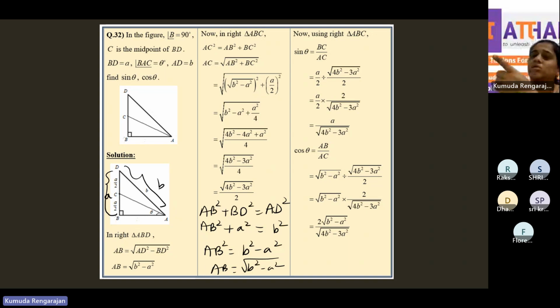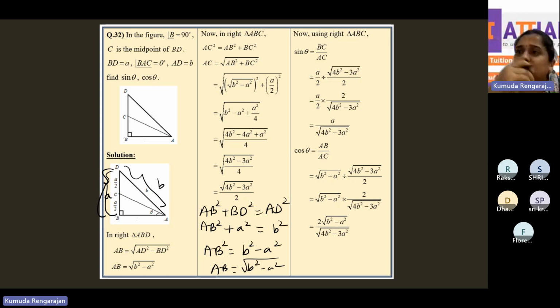Correct? Where did we go wrong, Arjun? You took A by 2 for something? Oh, okay, you understand now? This whole thing is A. For what did you say actually? Okay, A by 2 plus A by 2 the whole square.